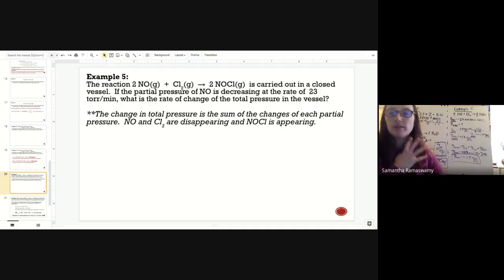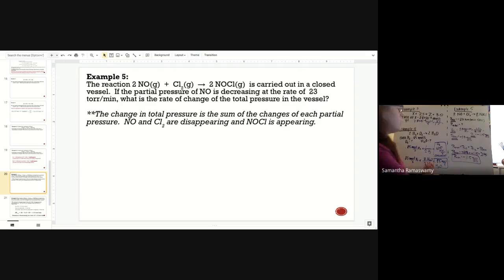The reason that we put that negative, even though rates are always expressed as positive numbers, is because this is specifically telling us that the total pressure is decreasing by 11.5 torr per minute. So if instead you just wrote 11.5 torr per minute, or you wrote decreasing by 11.5 torr per minute, you'd be okay. But that negative tells us that it's actually decreasing.